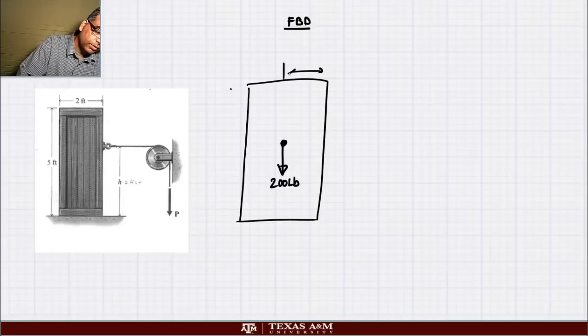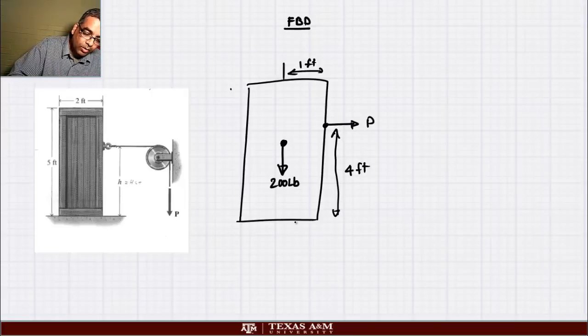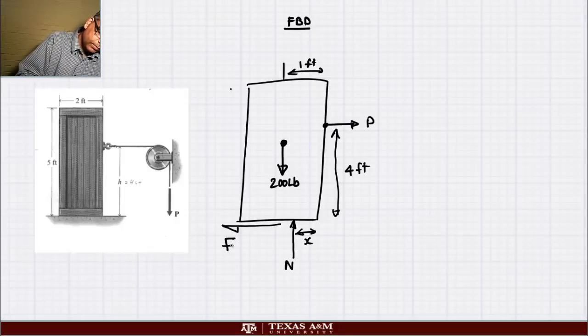This distance is 1 foot. There's a force here, P, which is at a height of 4 feet. And there's a normal force here, N, which is at a distance x from the end, and I have a friction force that's going like this. That's the friction force. These are the forces on the body.